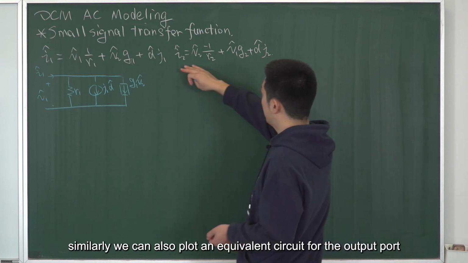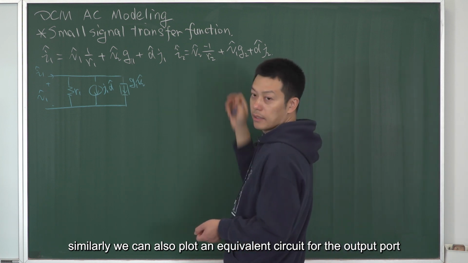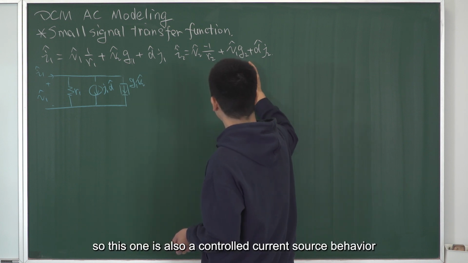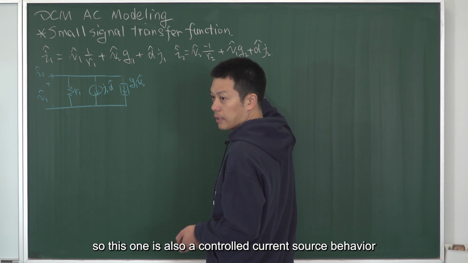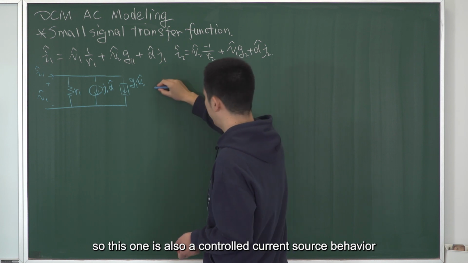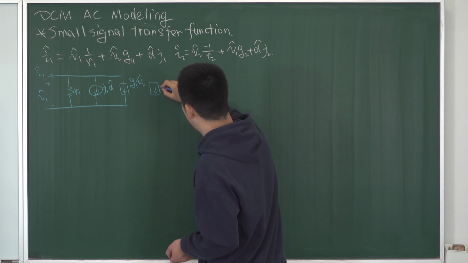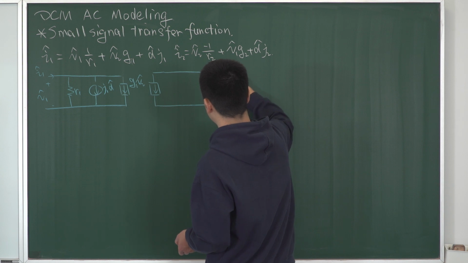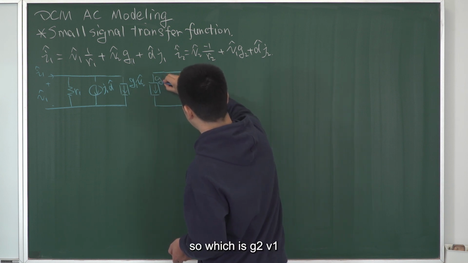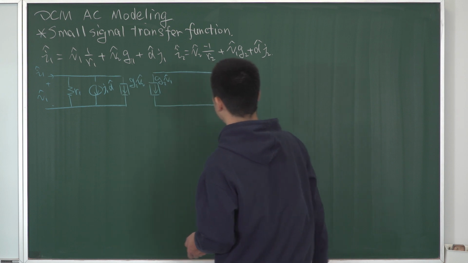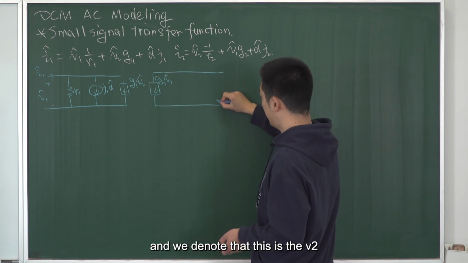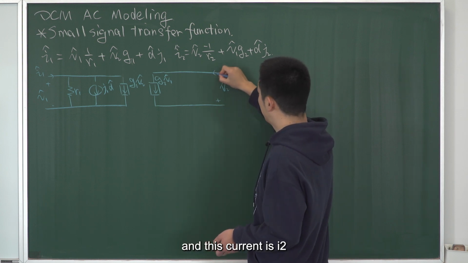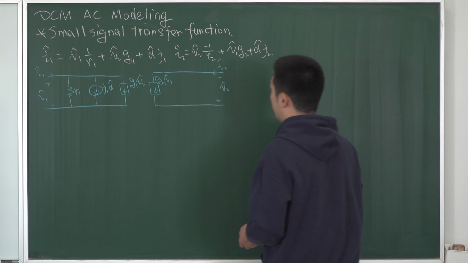Similarly, we can also plot an equivalent circuit for the output port. So this one is also a controlled current source behavior, which is G2 V1. And we denote that this is the V2, and this current is I2, right?